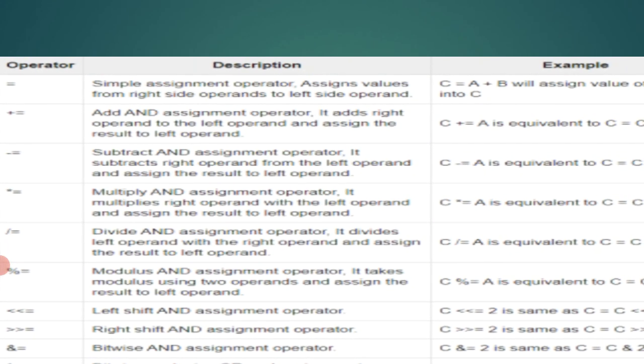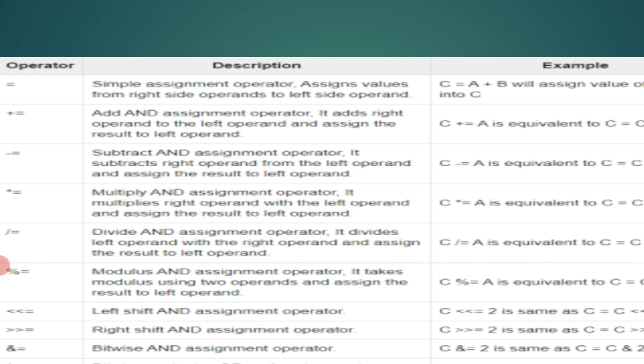Next is plus is equals to. Now what is plus is equals to? The name of this operator is add and assignment. Students, you have already studied the add operator in arithmetic operators, which is used to add two operands. This operator is a combination of two operators, plus and is equals to, the add and assignment operator.